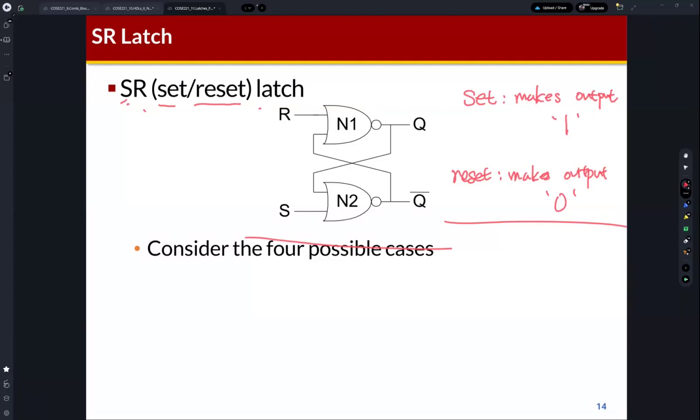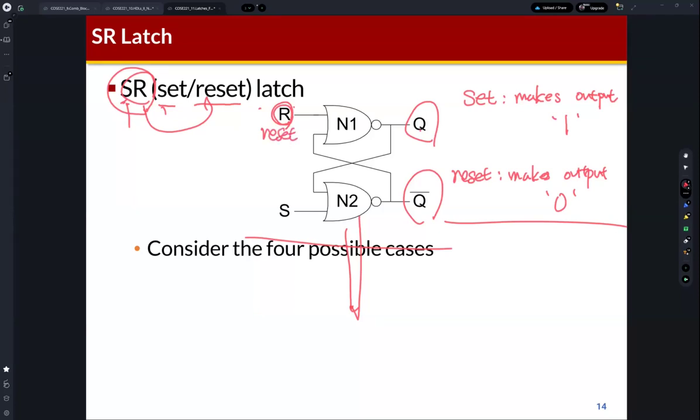So this is the SR latch. S means the set, and R means the reset. Also you can find the two inputs here, and two outputs, Q and Q bar, and we use the NOR gate, right? One input of this NOR gate is connected to the reset signal.